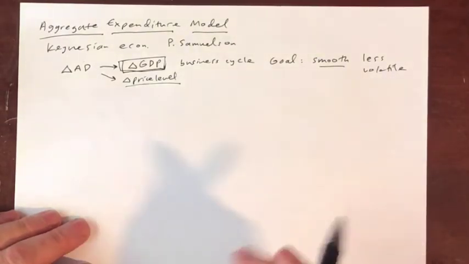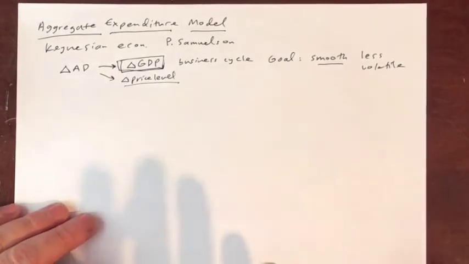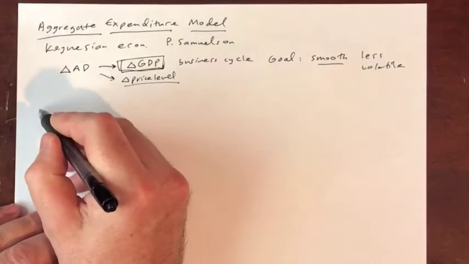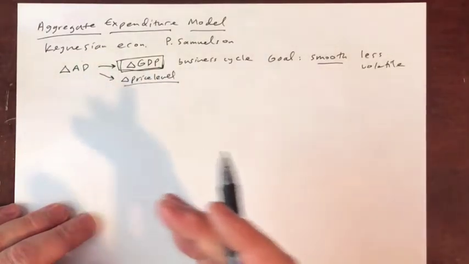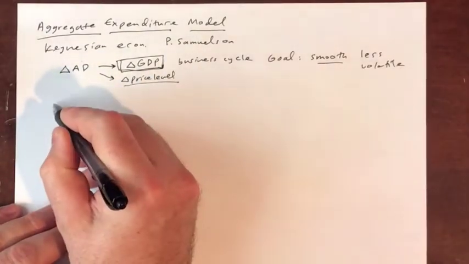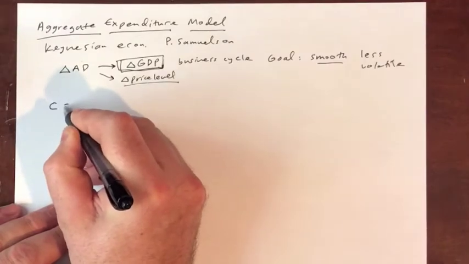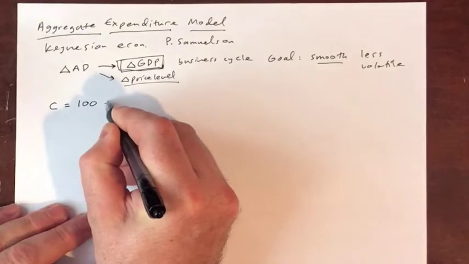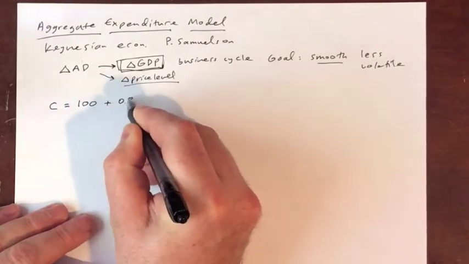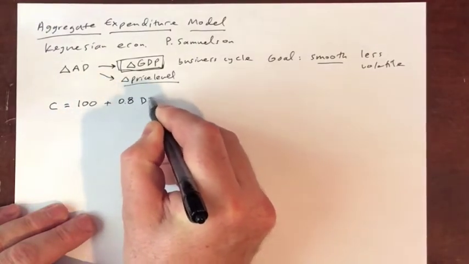Let's say that we know aggregate demand has our different components. We've got C and I and G. Let's just write these down. Let's say that C equals 100 plus 0.8 times DI.